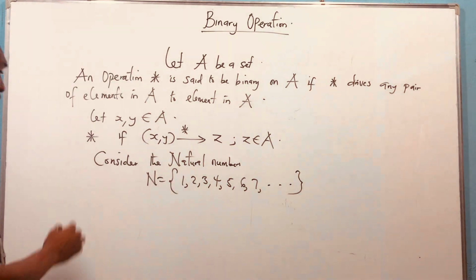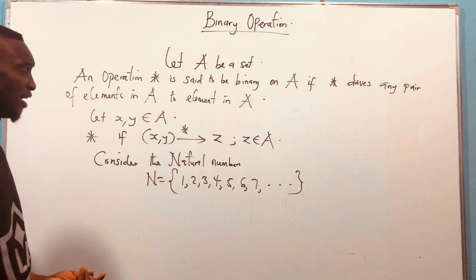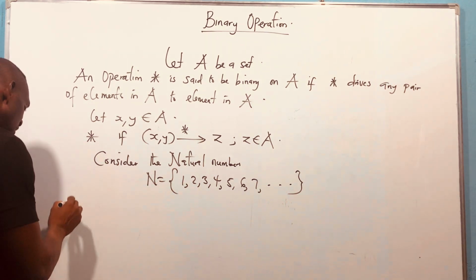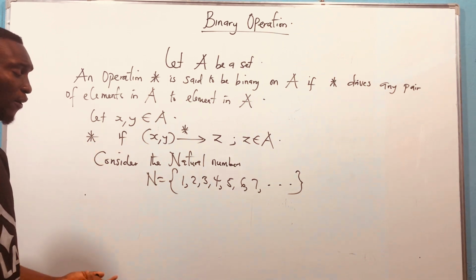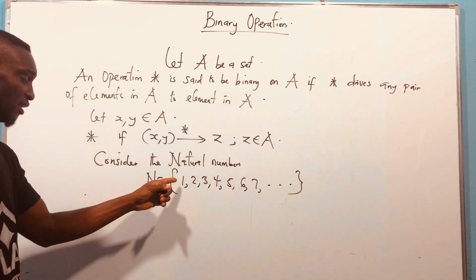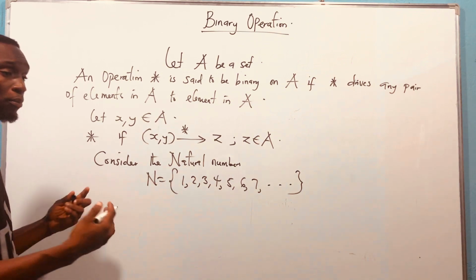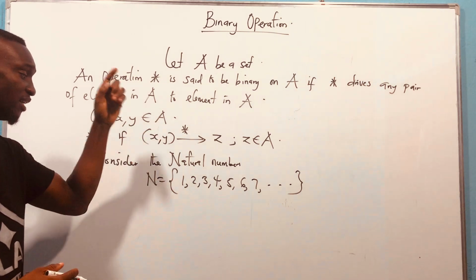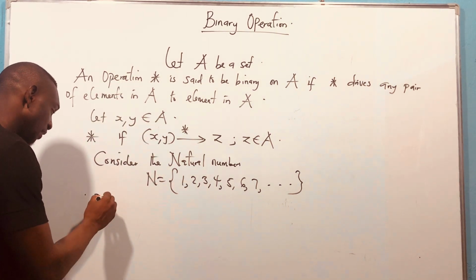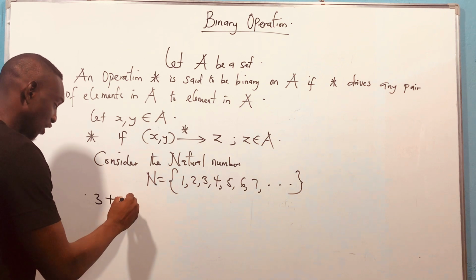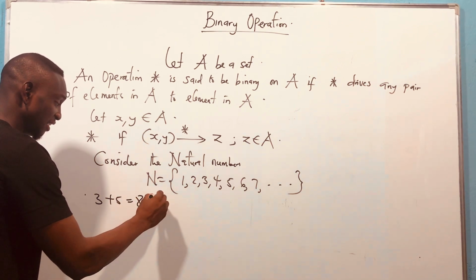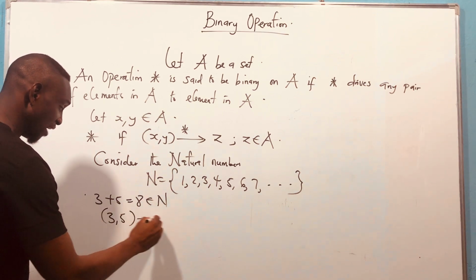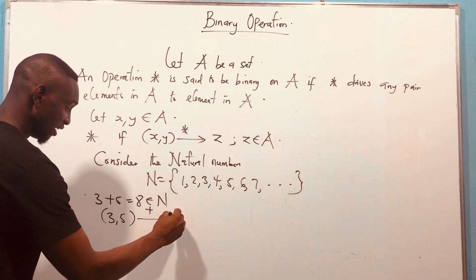Now, you see that plus as an operation is a binary operation in N. For all pairs of elements in N, when you interpose plus between the two elements, it gives an element in N. Let's have 3 plus 5 becomes 8, and 8 is an element of N. So we say that this drives the pair to 8.